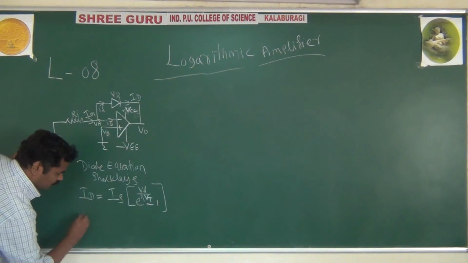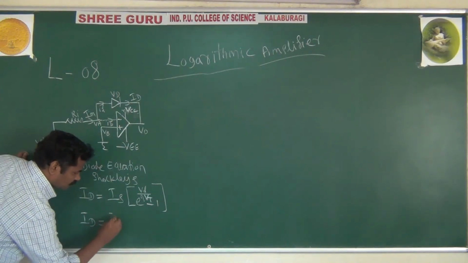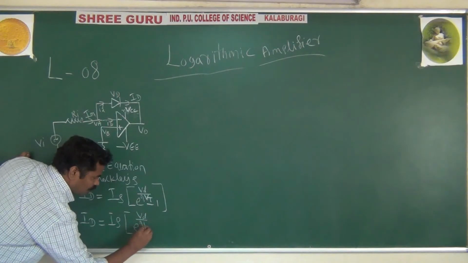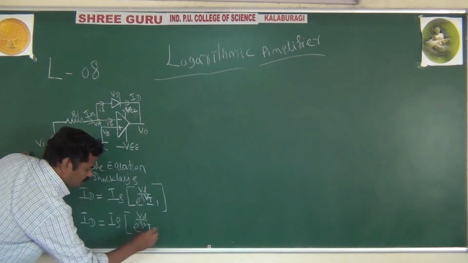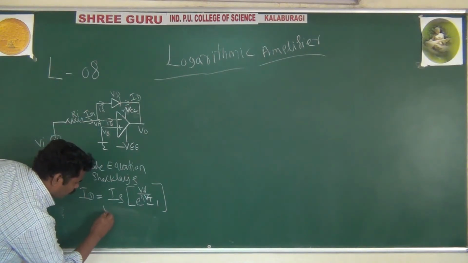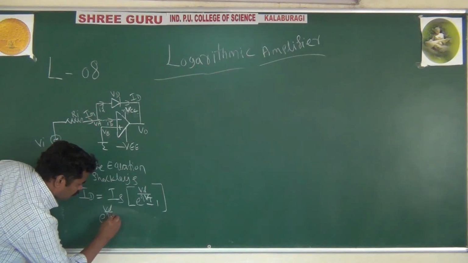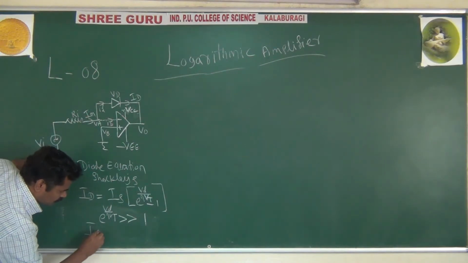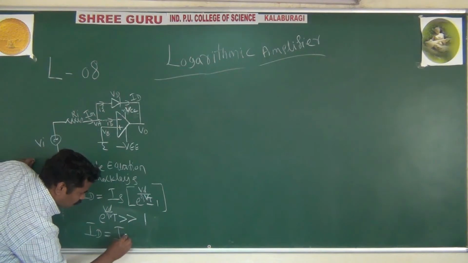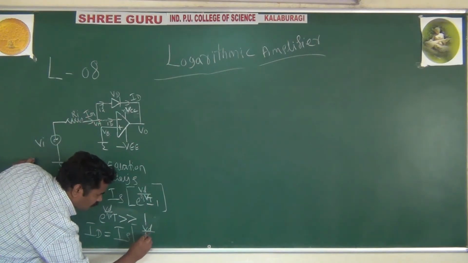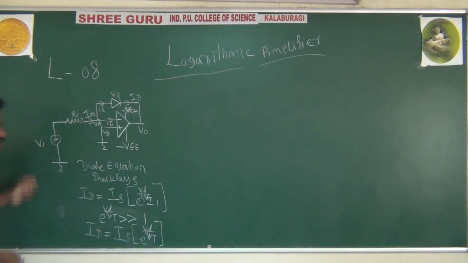We can write ID equal to IS e raised to VD by eta into VT. Or, for any confusion, you can write one step here: since e raised to VD by eta VT is more than 1, you can write ID equal to IS into e raised to VD by eta VT.